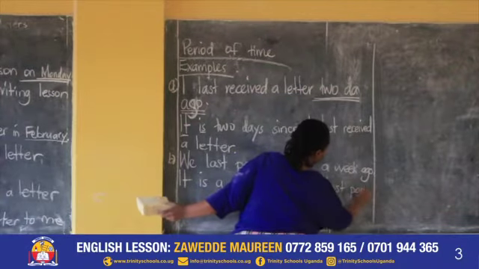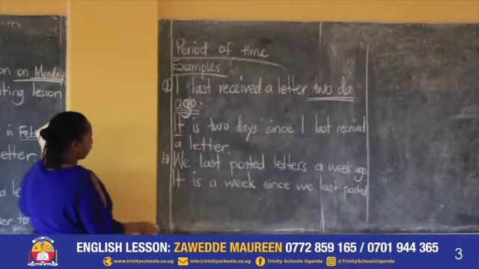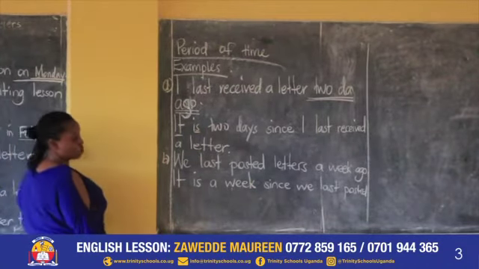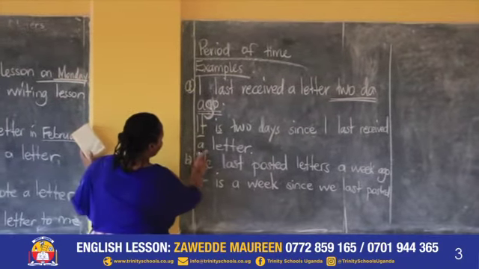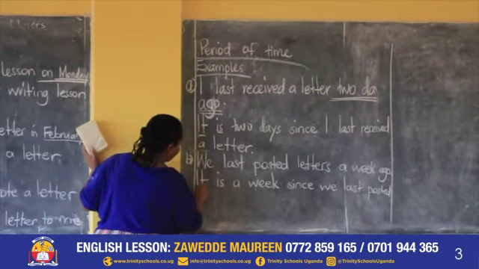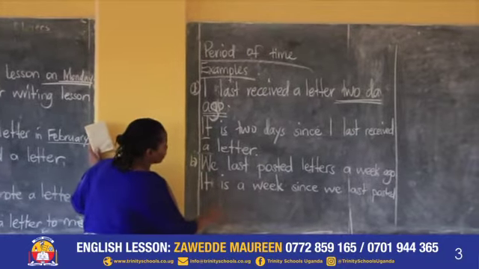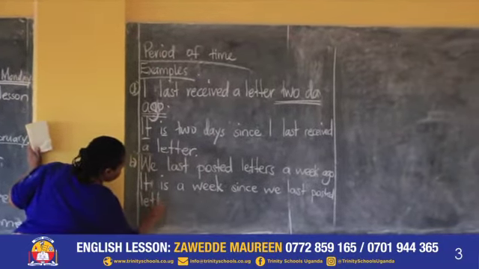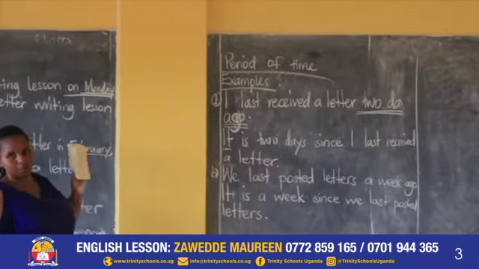Please take the difference between the two, point of time and period of time. Point of time, the word last is not brought in. But when we are using period of time, we begin with the period of time and the word last is relevant in this case. It is a week since we last posted letters.